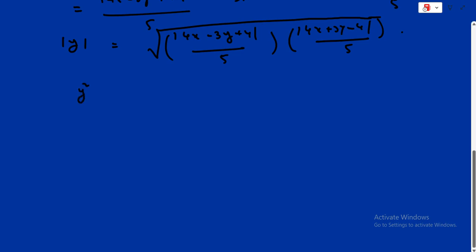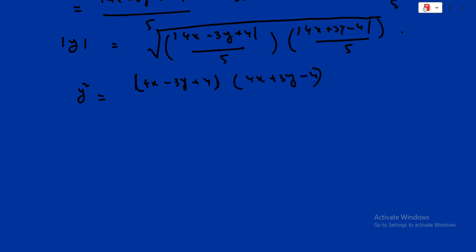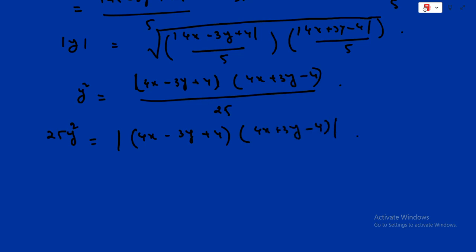So we get y square equal to mod of (4x - 3y + 4) into (4x + 3y - 4), divided by 25. So multiply now: 25y square equals mod of (4x - 3y + 4)(4x + 3y - 4). Now ignore the modulus for the locus structure.